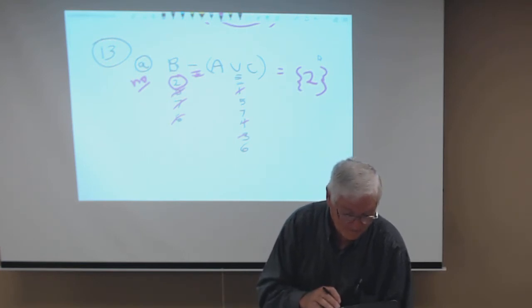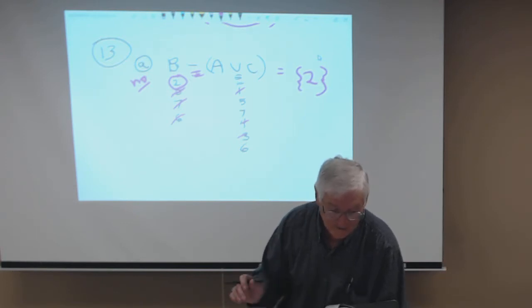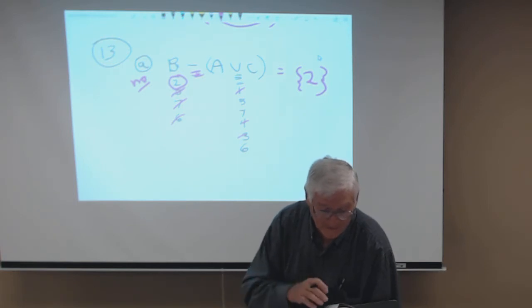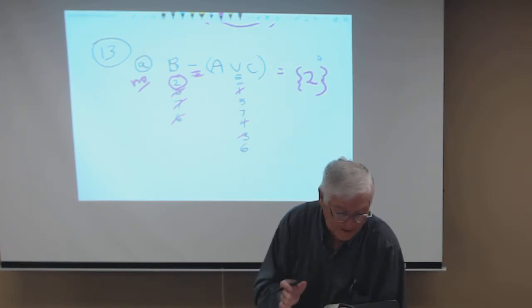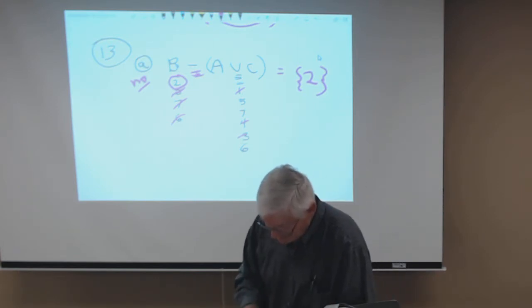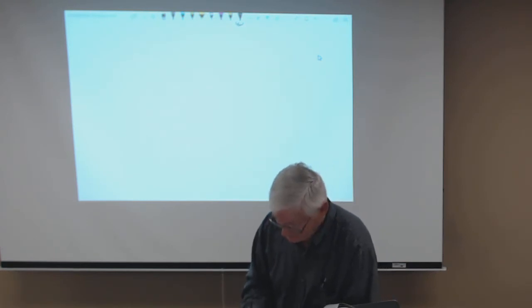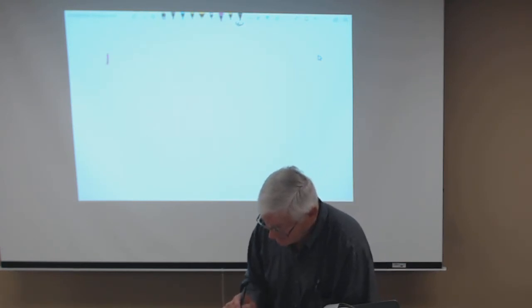Number 15, U is the universe, 1, 2, 3, 4, 5, 6, 7, 8, and A is 1, 3, 5, 7, and B is 2, 4, 6, 8, and C is 1, 4, 5, 8. So now I'm going to fill in the blank for number 15. Well, let's get back to the regular color again.